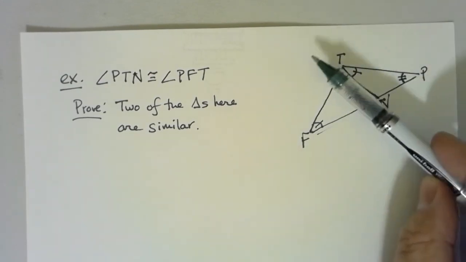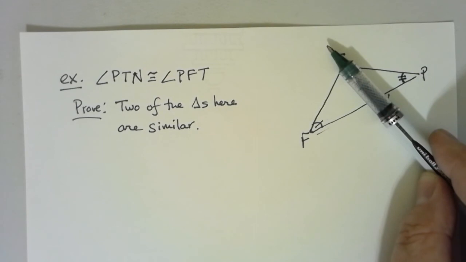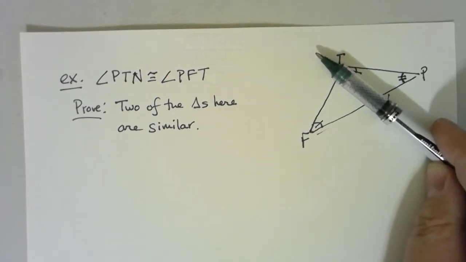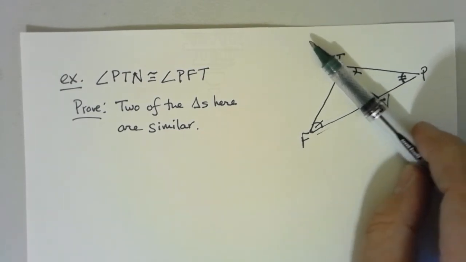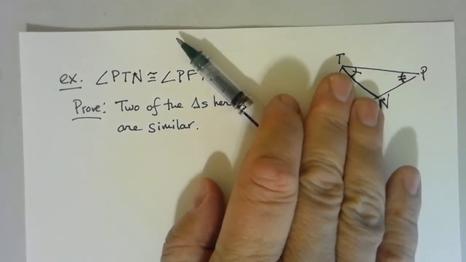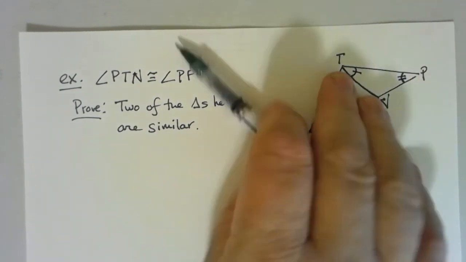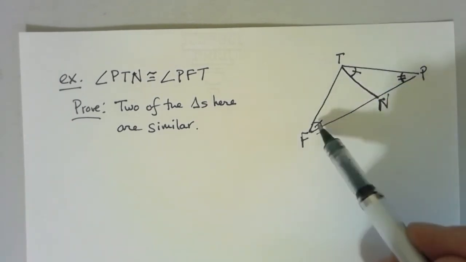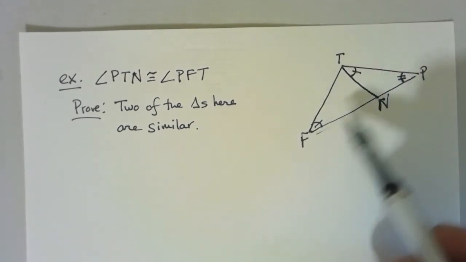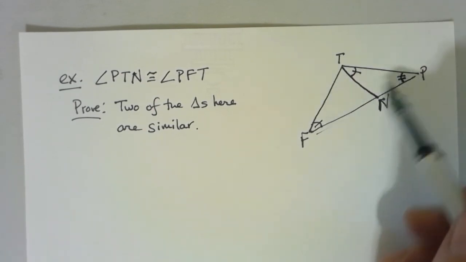If I ignore this middle part, that angle is an angle for the whole big triangle, for triangle PFT. There, the double tick mark angle is an angle of triangle PFT, and the double tick mark angle is an angle for triangle PTN. And then of course this is an angle of triangle PNT, and this is an angle of triangle PFT. And so that's my two pairs.